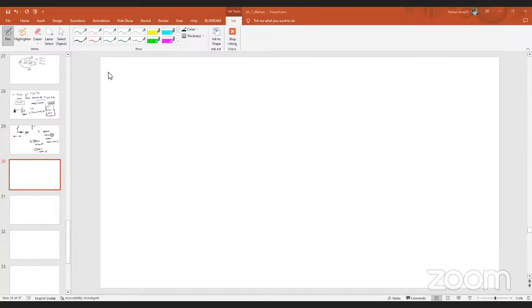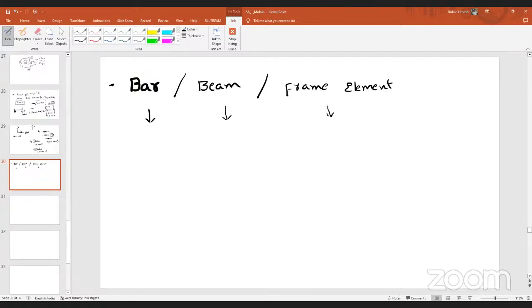Before that, let me ask you, in general, what is the difference between, or how do we classify, a bar, a beam, or a frame element or column? What is the difference between these three elements? What do you think? Will these three be the same or can they be different? What is the primary function of a bar?